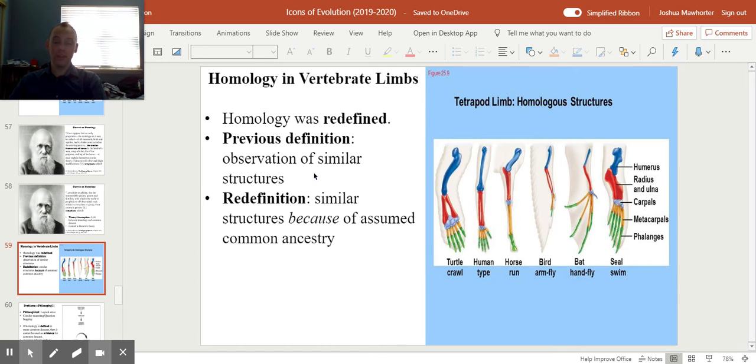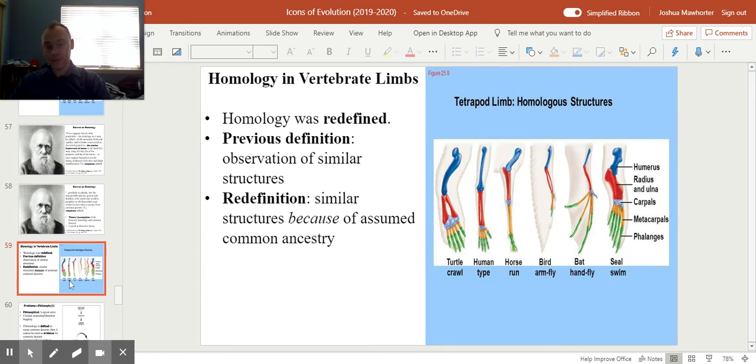And so this is going to lead to another logical fallacy, another philosophical problem. Because it's one thing to observe that these structures are similar in their look and how they're put together, but it's another thing to say that these are put together by definition because of a common ancestor, and then use that as evidence for evolution.